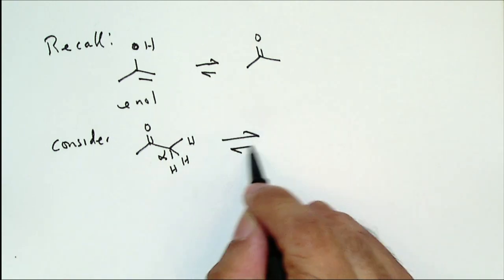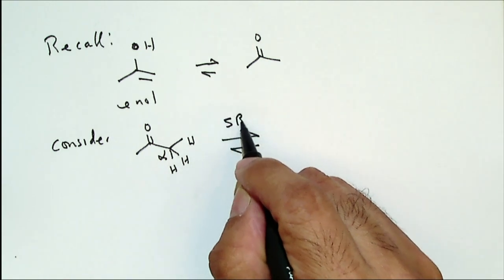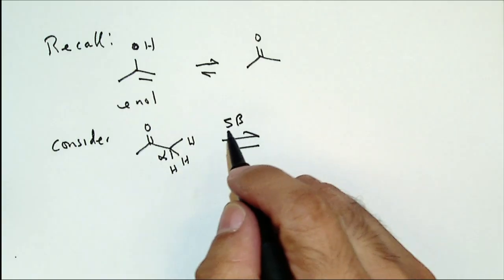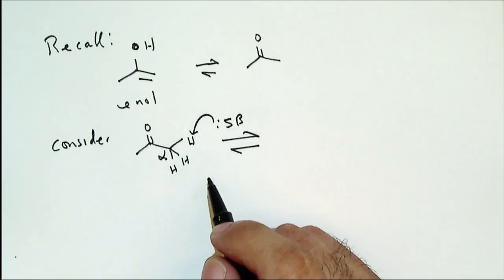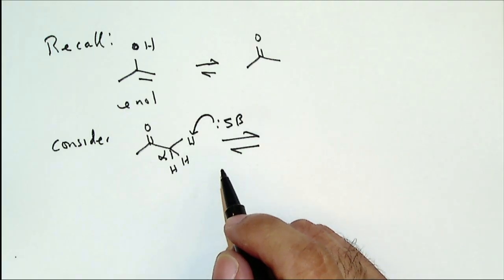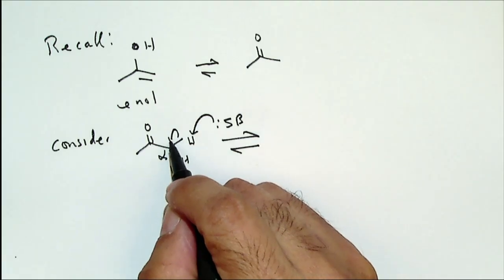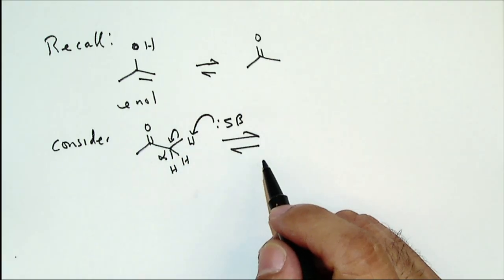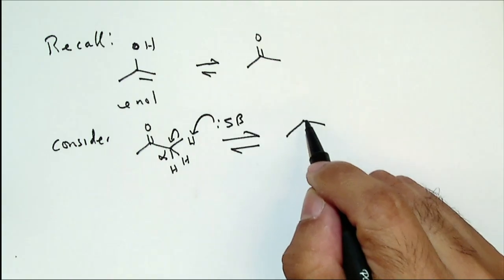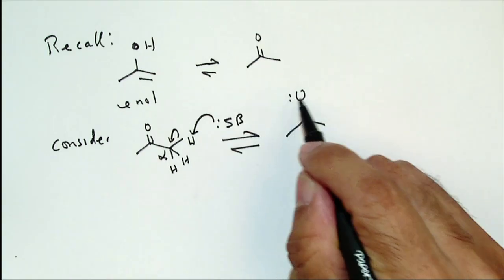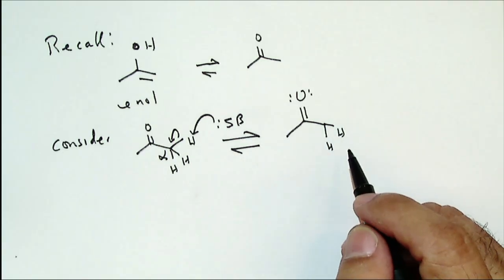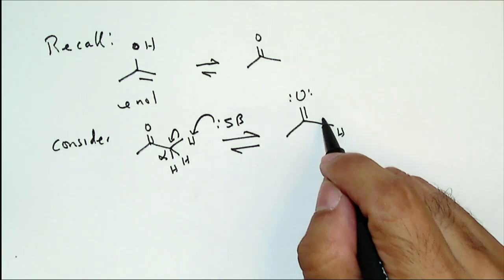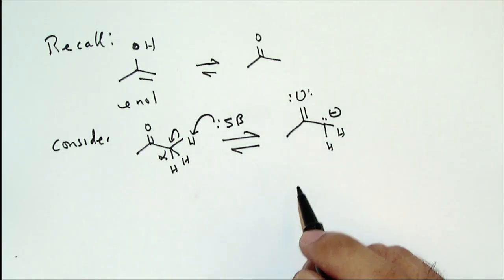Now, if I were to take a strong base, SB, just generically a strong base, that strong base could come and grab a proton from that alpha carbon and kick the electrons in to the alpha carbon. That, of course, is going to result in the following, where the carbon now has 2 hydrogens, 2 electrons, and a minus charge.